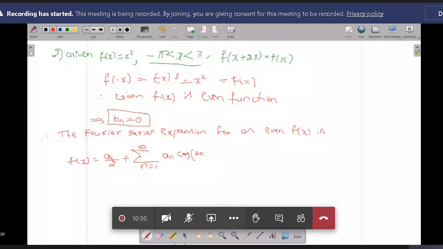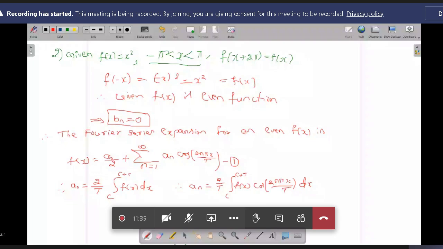Here a naught is defined as 2 by T integration from c to c plus T f of x into dx, and similarly an is equal to 2 by T integration from c to c plus T f of x into cos 2n pi x divided by T into dx.